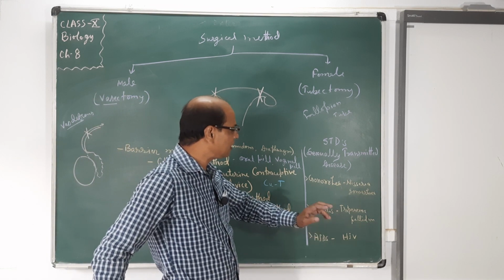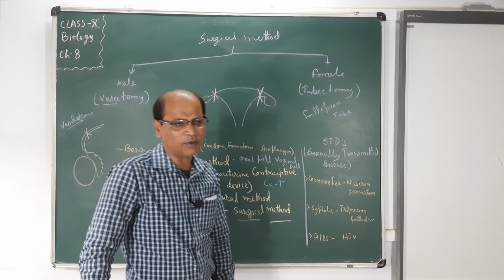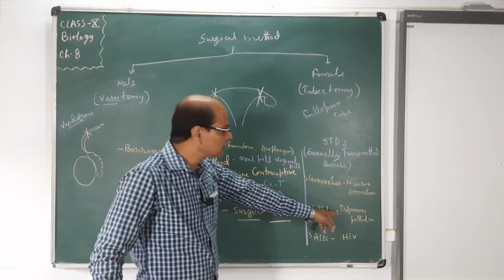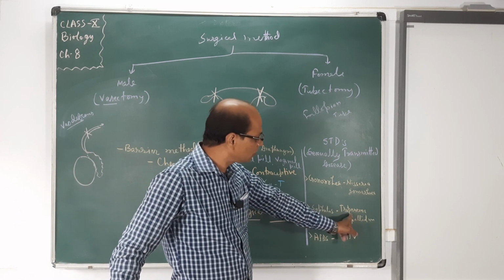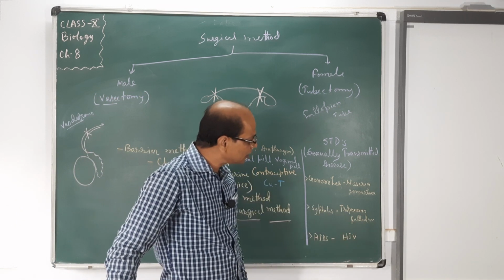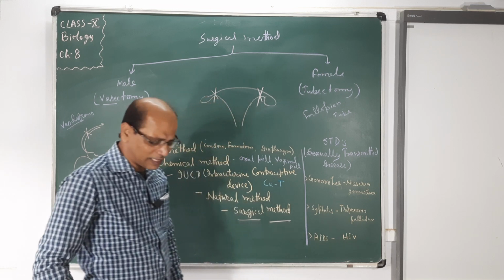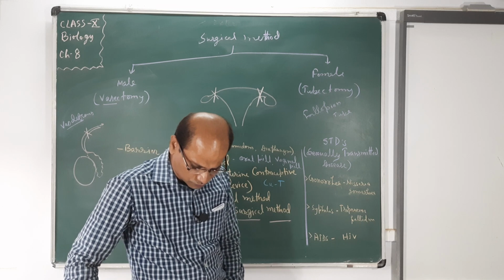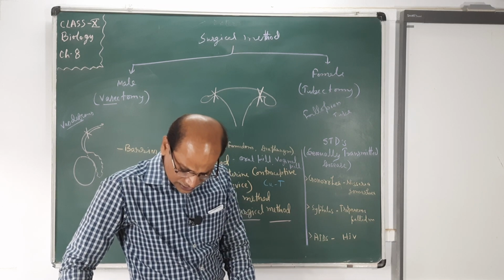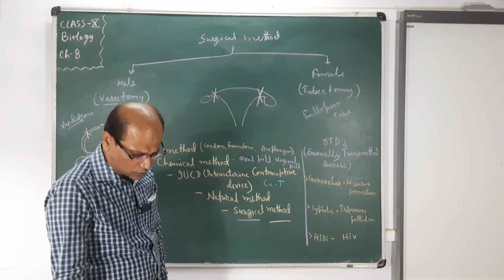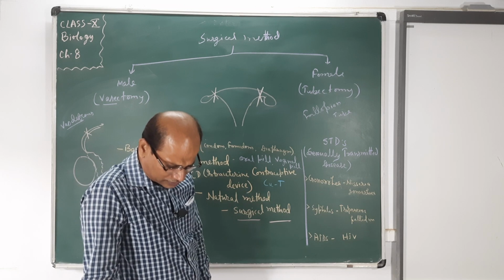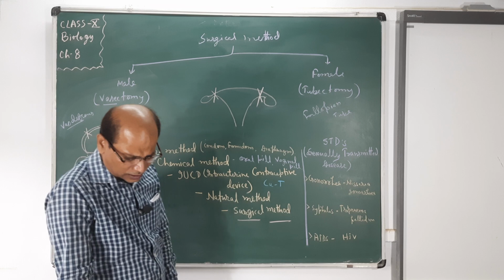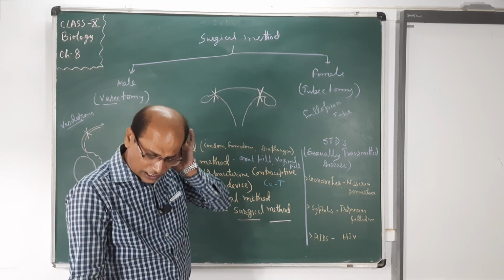See, syphilis is also a type of bacterial disease, caused by Treponema pallidum. This is the bacterium which causes syphilis, and the disease is a chronic illness which affects the mucous membrane of the genital tract and oral regions, and causes lesions.